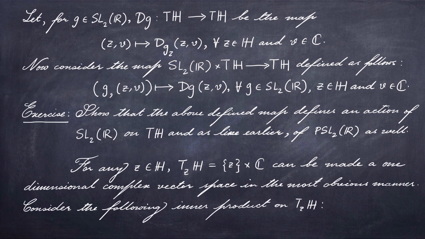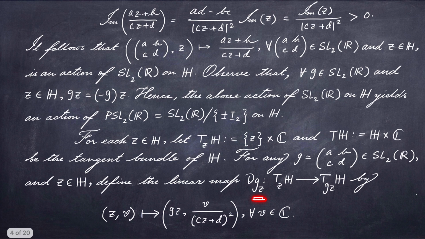And from this we are now going to define a map which we call the differential of G, for every G. It's a map from the tangent bundle to the tangent bundle defined in this way: for any point in the tangent bundle Z comma V, it sends this pair to DG at Z of Z comma V. So remember how DGZ is defined.